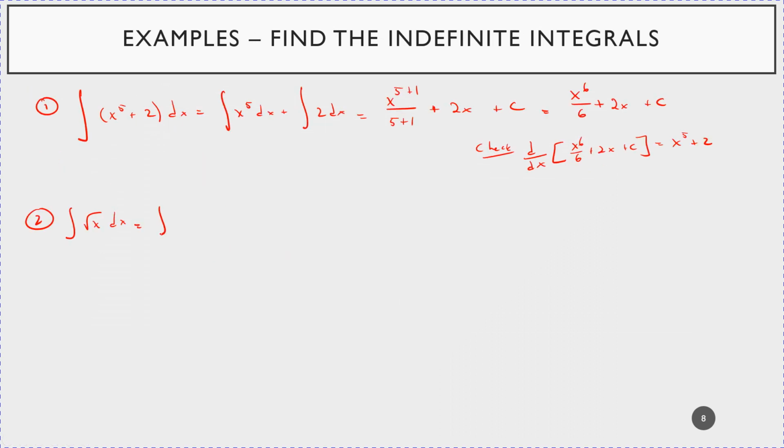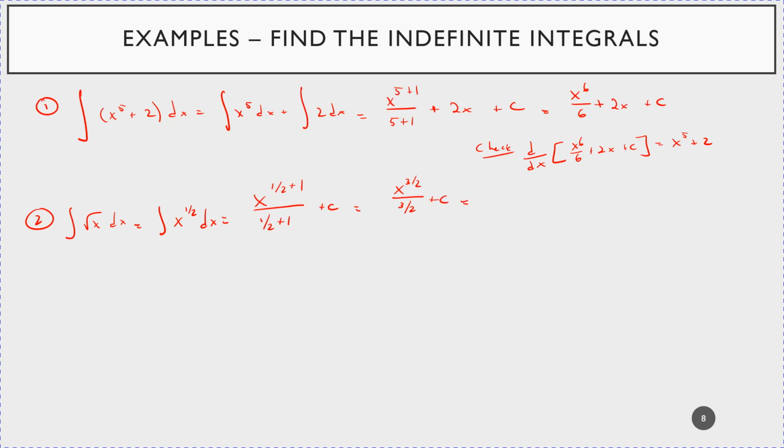This is going to be rewritten as x to the 1/2 power dx. So now once you have it here, now you're just going to apply the power rule. So this is x to the 1/2 plus 1 divided by 1/2 plus 1 plus c. So 1/2 plus 1 gets me x to the 3/2 all over 3/2 plus c.